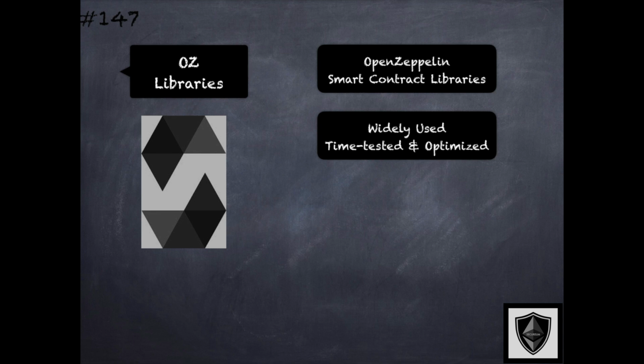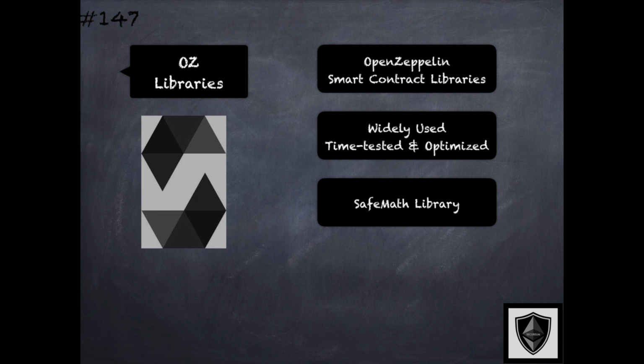They have been time tested for several years now, and they've also been optimized over time with respect to the gas consumed by these libraries, and also with respect to the various Solidity versions that have been released over time. And one of the most common OpenZeppelin libraries that you would encounter is the Safe Math library that we discussed in the context of arithmetic checks.